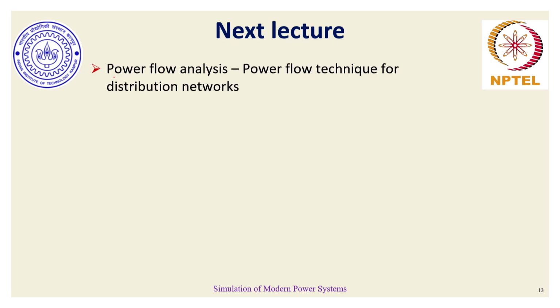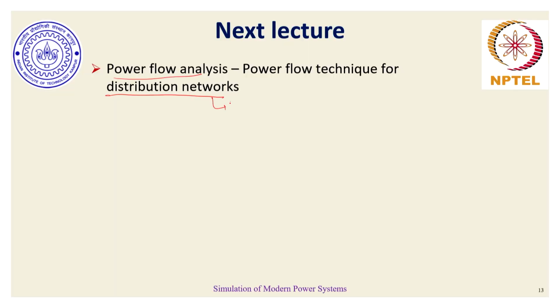The next discussion would be the last discussion on the power flow analysis module, where we would understand a dedicated power flow technique specifically for radial, weakly meshed, high R by X ratio networks, which are the distribution networks.